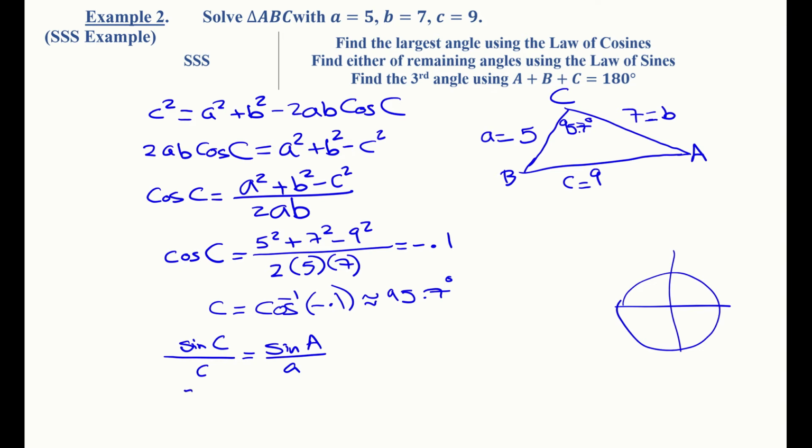So we have sine of 95.7 degrees, it did not come out nicely, over C, which is 9, equals sine of A over A, which is 5.